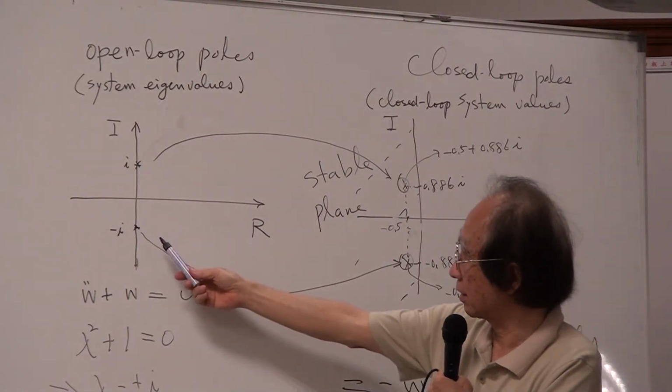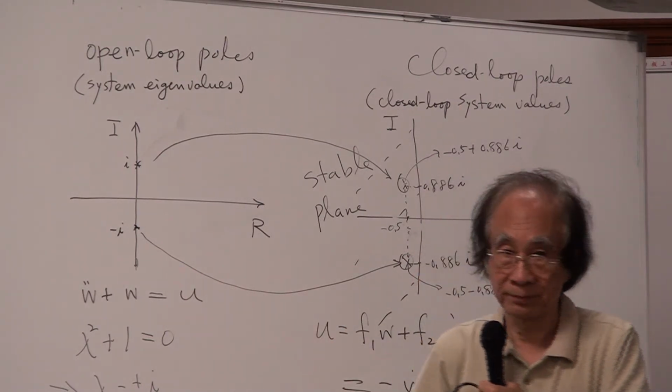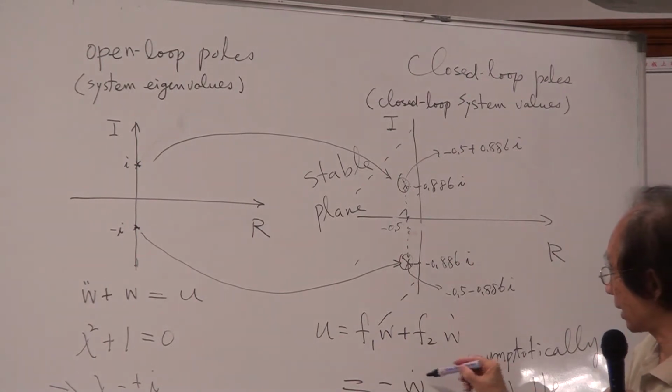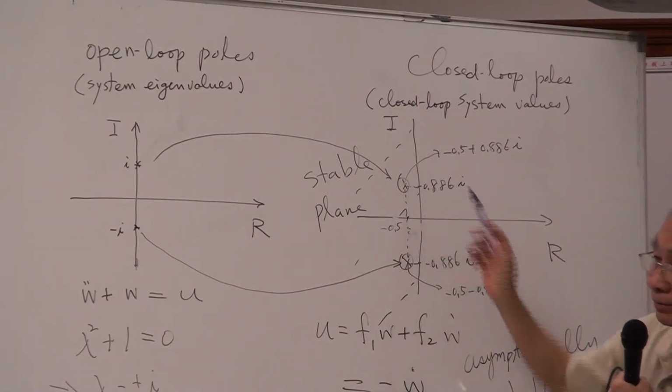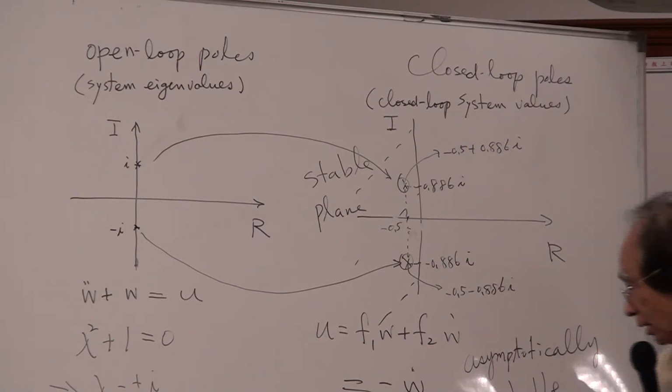My original open loop system without U has no damping. After adding this feedback U, I get damping. Understand? So this is why my closed loop system is minus 0.5 plus or minus 0.866i. Okay.